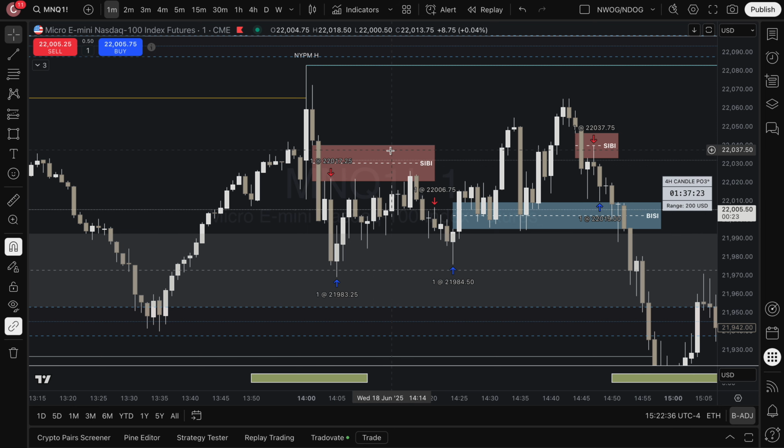So you don't want to see price come back into this upper half of this sell side imbalance, buy side inefficiency. Because if it does, there's reason to believe that we could potentially move higher. It can hit that and it can wick out of it. But as long as we don't close above it, it's still valid.